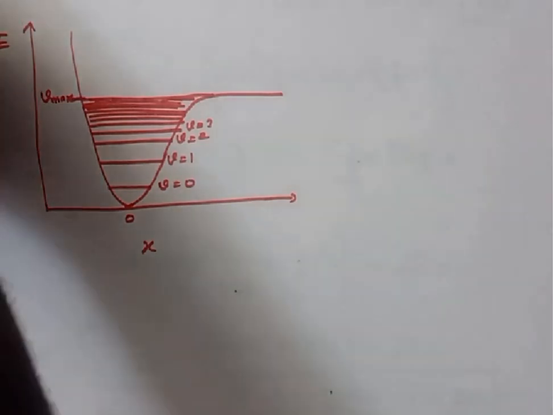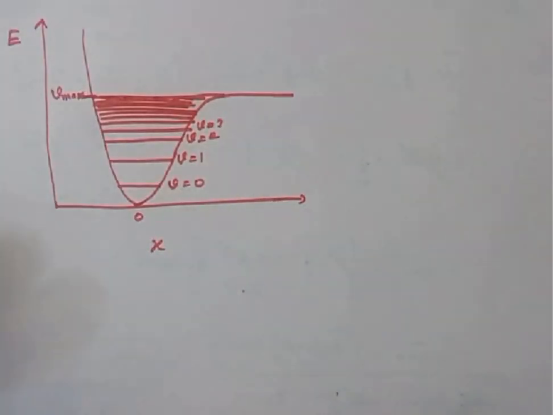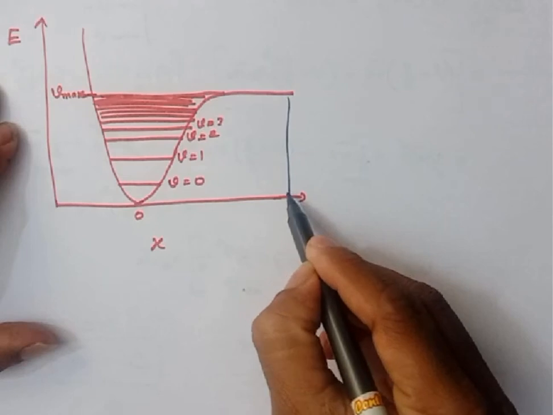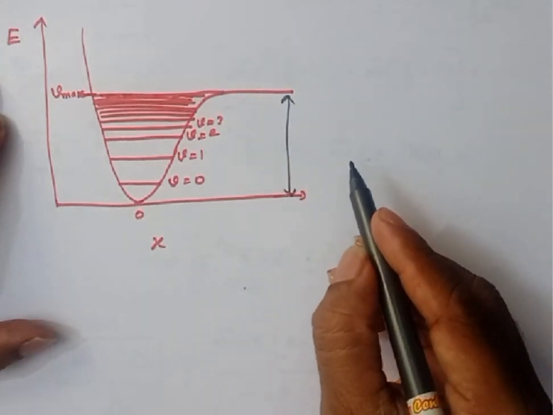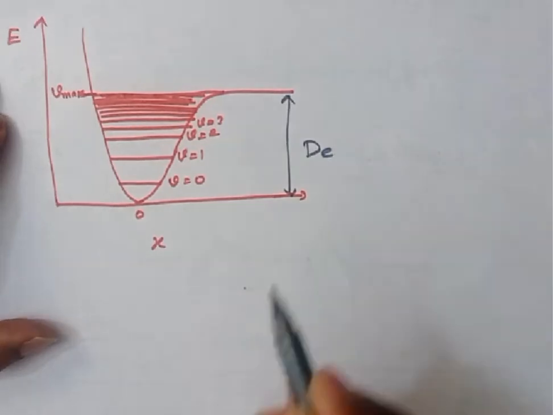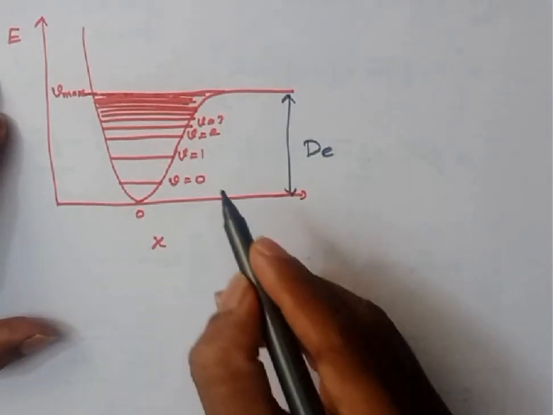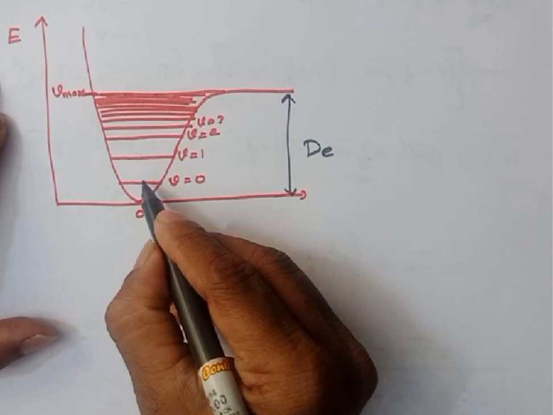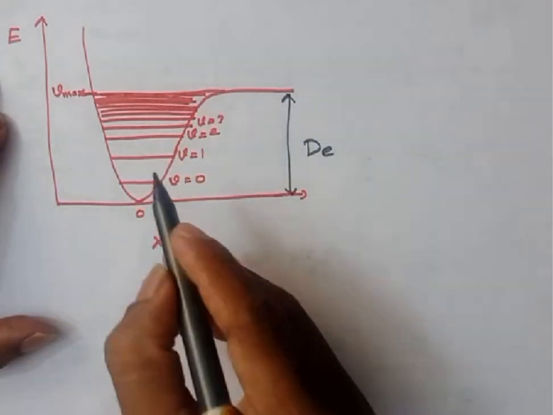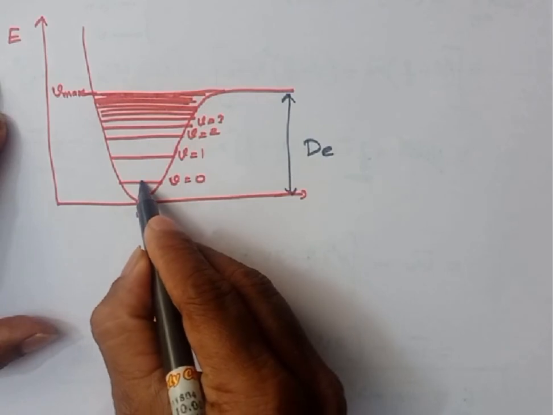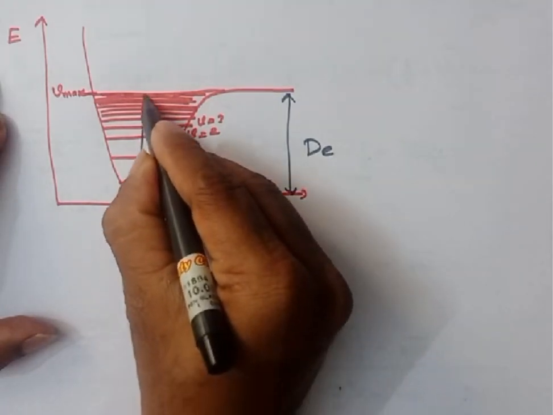Students, observe carefully here. What is this? Equilibrium dissociation energy of the molecule, am I right? Students, listen. If I pass radiation of appropriate frequency, the molecule can move from here to the highest Vmax level.